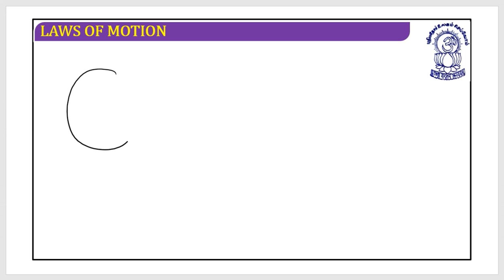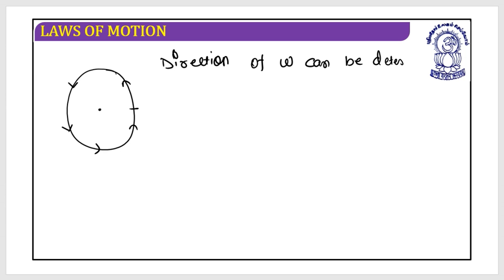The situation is, let's suppose this is the circle and your particle is here and it is moving in this direction. That means it is moving in the anti-clockwise direction. The direction of omega can be determined using the right hand rule.